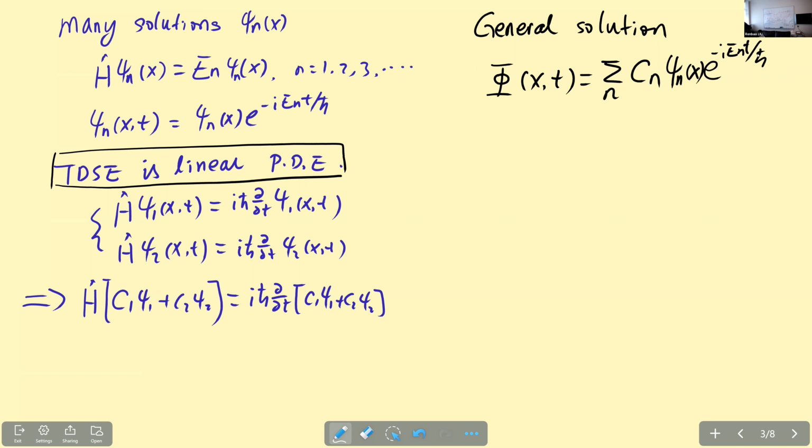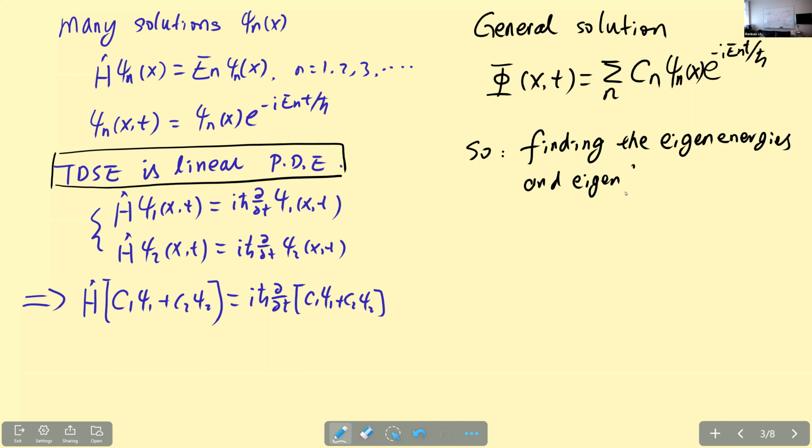You do the linear combination, and this is a solution. So finding the eigenenergies and eigenfunctions is the key. This is E_n, sorry.